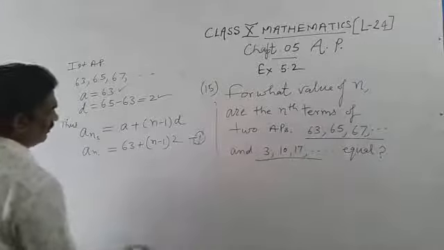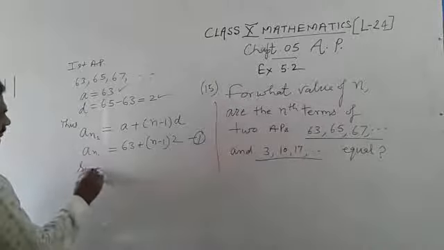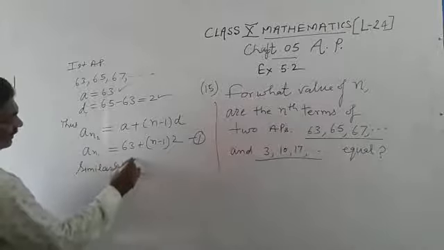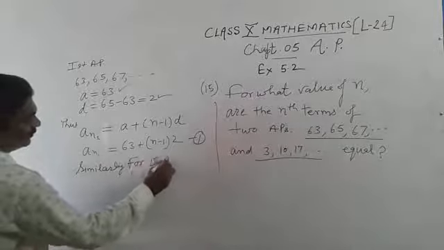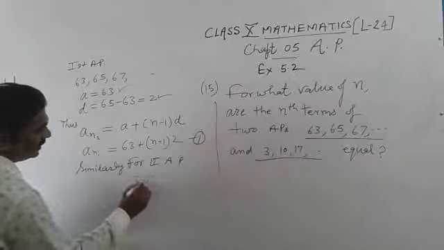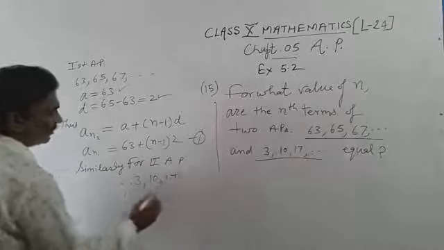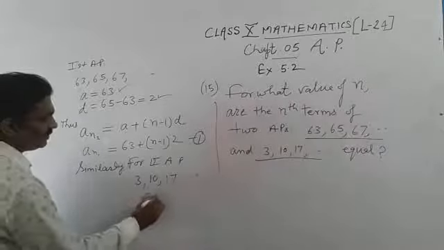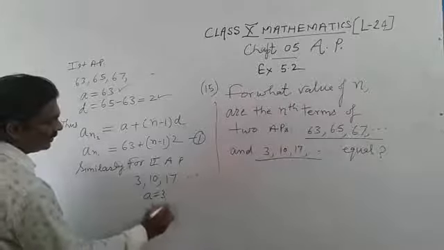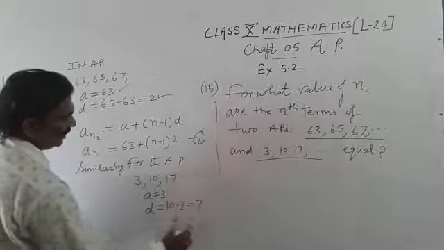Write the question first. Similarly, students, for the second AP, 3, 10, 17, etc., we have A is equal to 3 and D is equal to 10 minus 3, that is 7.